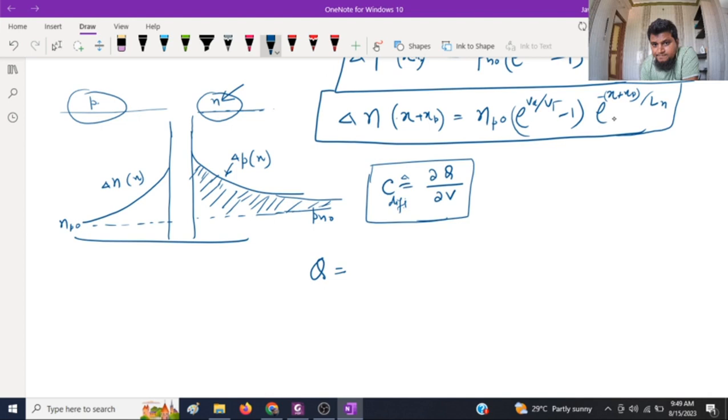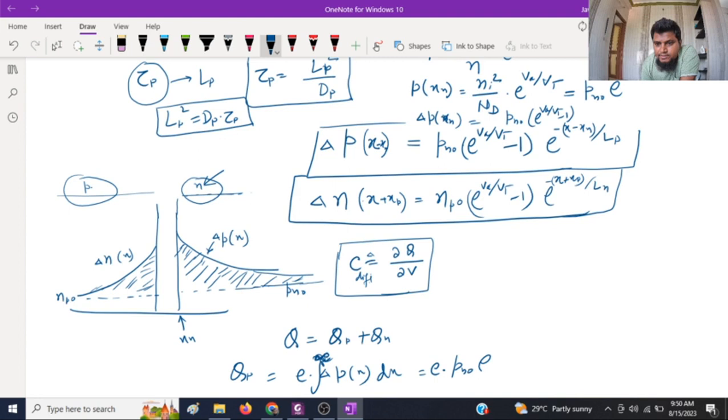So from this expression, whatever is not dependent on x, you can just take it out. So e into Pn naught (e to the power Va upon Vt minus 1) times the integral from xn to infinity of e to the power minus (x minus xn) upon Lp.